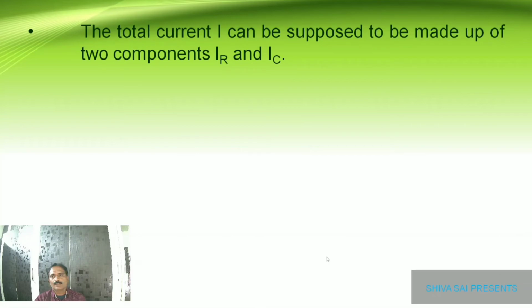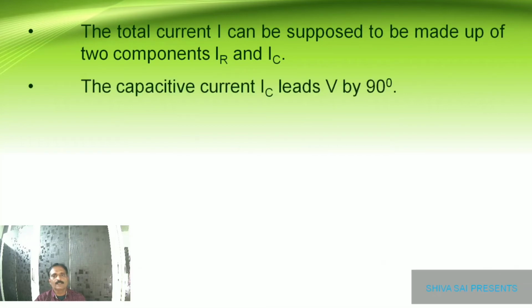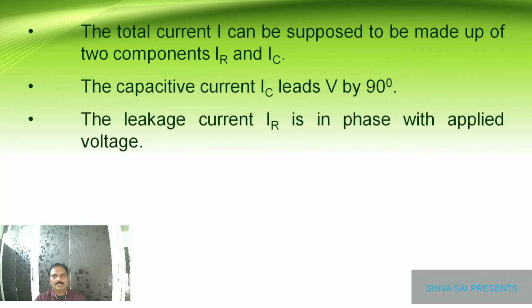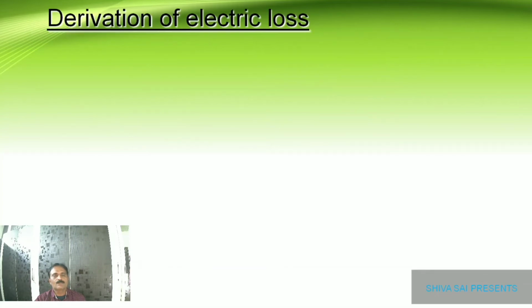Now the total current is the combination of these two currents, IR and IC. As we know, the capacitive current leads by 90 degrees and the resistive current will be in phase with the supply voltage. Now let us see the derivation which is involved in this dielectric loss.